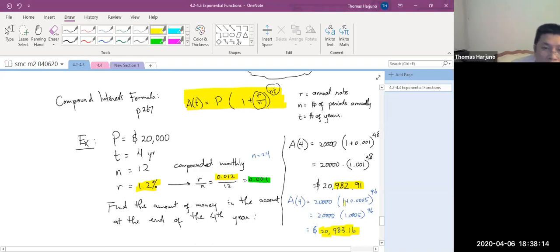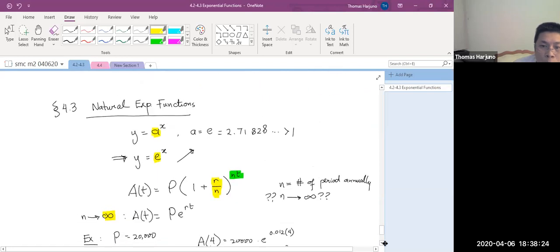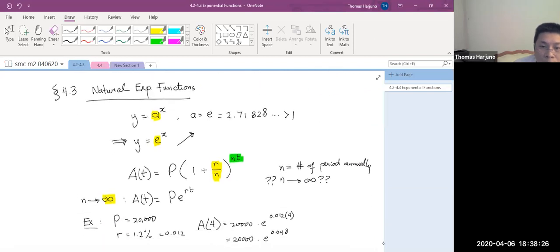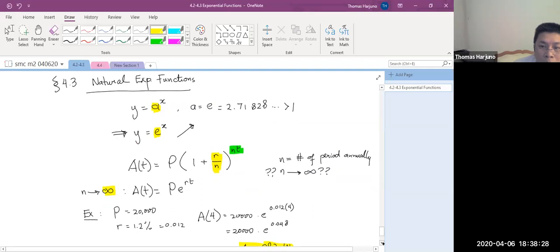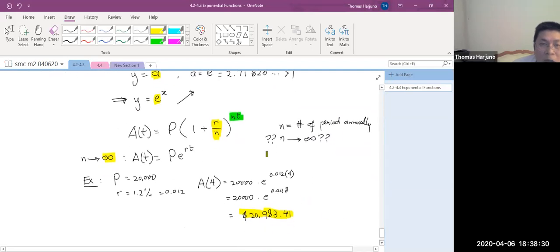Now, the problem is, if we compound it even more often in 1 year for 4 years, will this number increase to infinity? The answer is no, it will not increase to infinity. In fact, the highest you can possibly get is this.